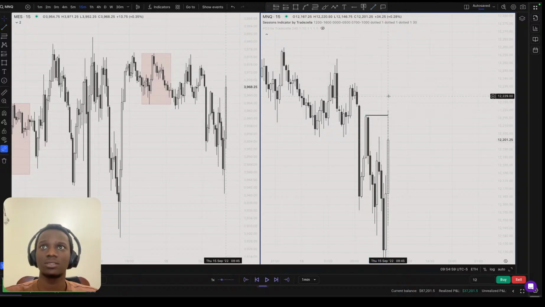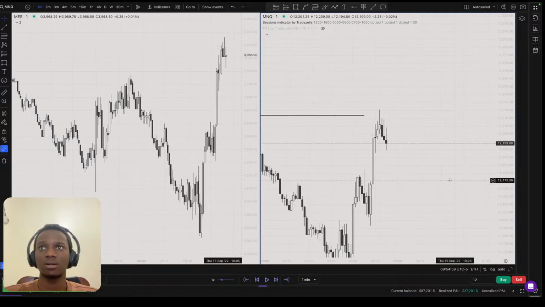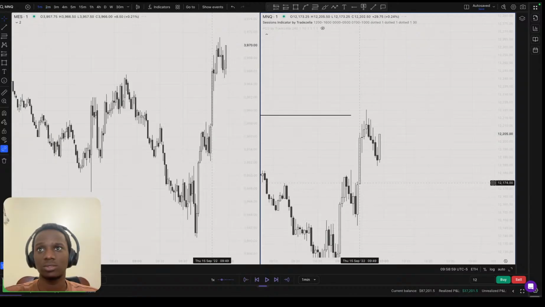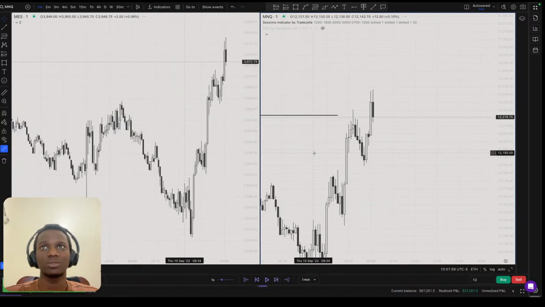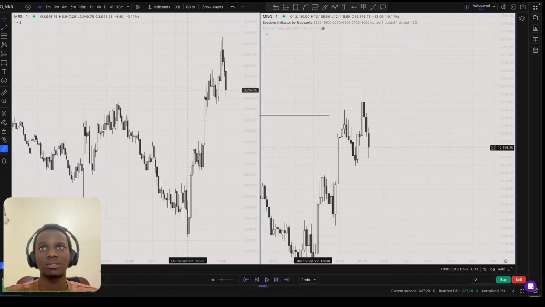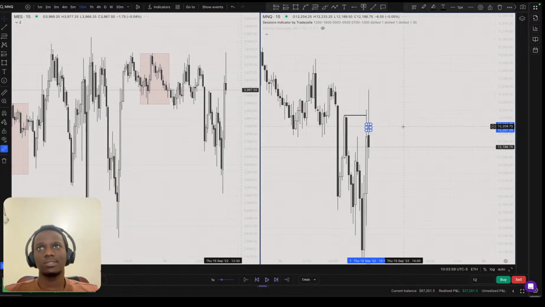We'll have a good gap here. Looks like it doesn't want to short at all. So now we have an inversion here. Let's check the 15.